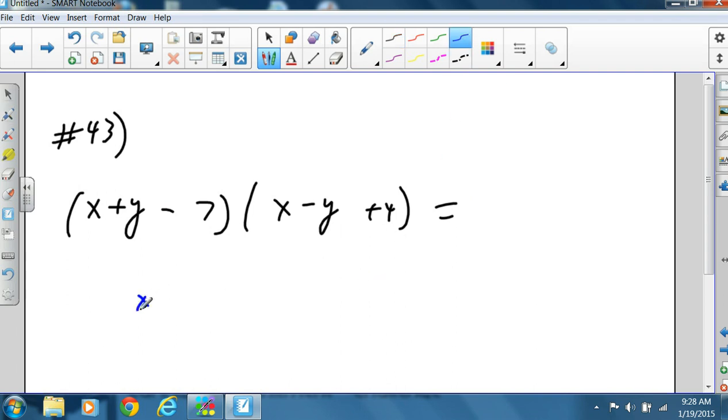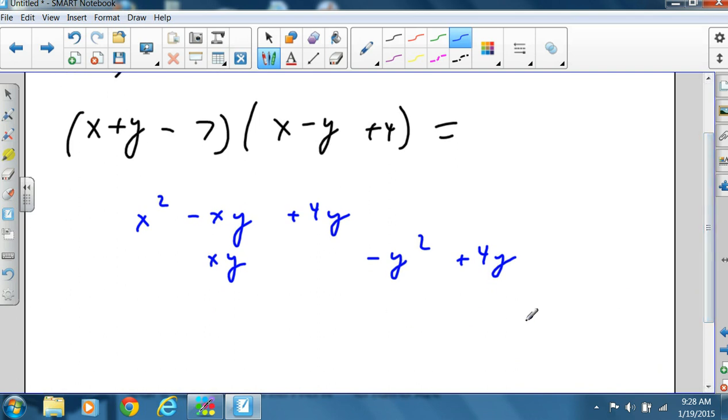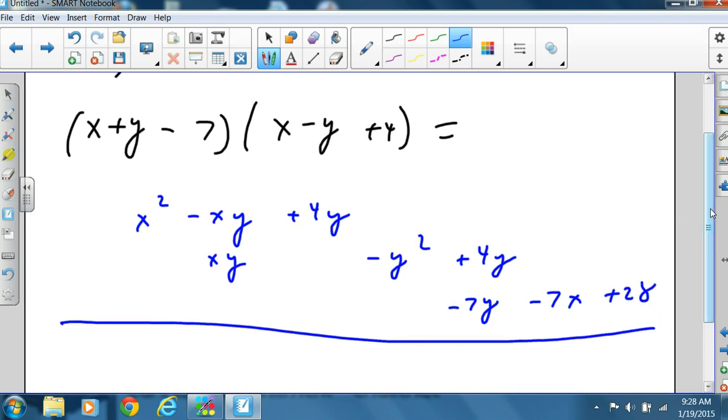So I'm going to have x squared minus xy plus 4x. I'm going to have xy minus y squared plus 4y. I'm going to have minus 7x plus 7y plus 28. And then I'm going to add them all together.